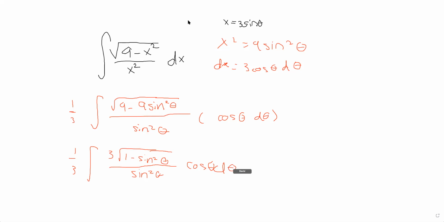Yeah, perfect. And now we can simplify the radical quite a bit. What do we get when we simplify the square root of the quantity 1 minus sine squared theta, using that identity from before? The Pythagorean identity involving sine and cosine. I wrote it down about 6-7 minutes ago, but then I erased it.